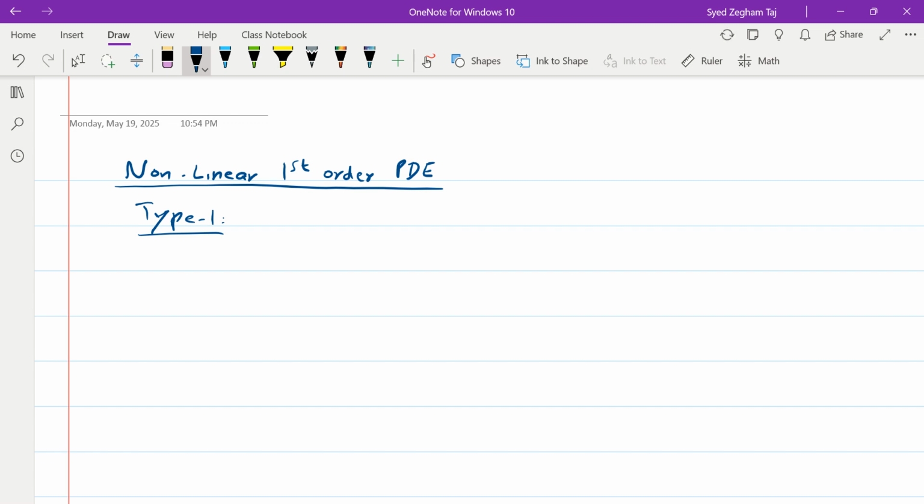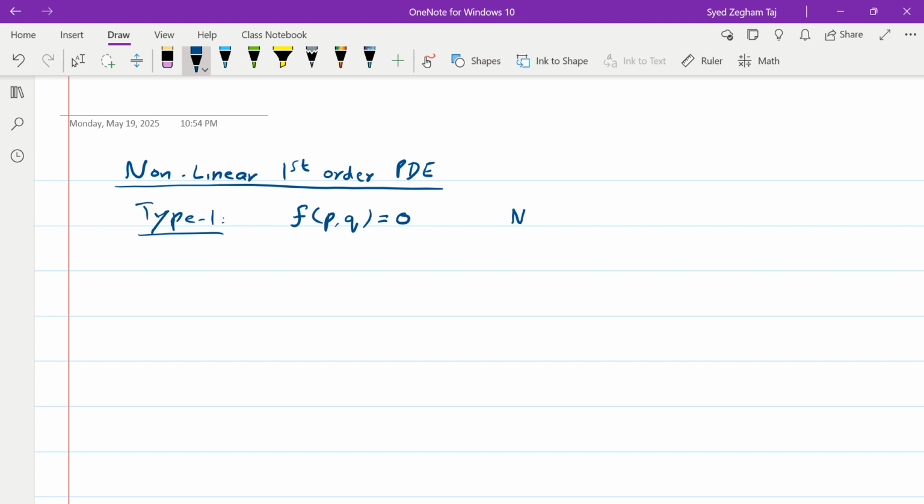Okay, so let us start with the first type. Now this type is a function of p and q is equal to 0.